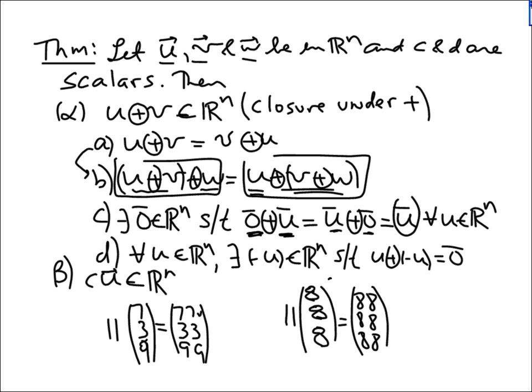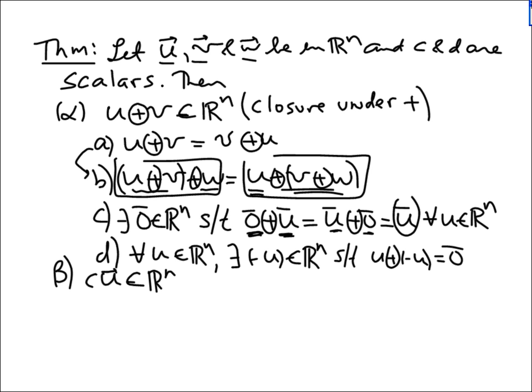Okay, so this vector is in R3, and when you multiply each element by 11, you're going to get something in R3. 7, 3, 9 is in R3. You scale it by 11, you get something back in R3. That's not going to change. And that's a reasonable assumption. Maybe I shouldn't call it an assumption because it can be proved to be true.